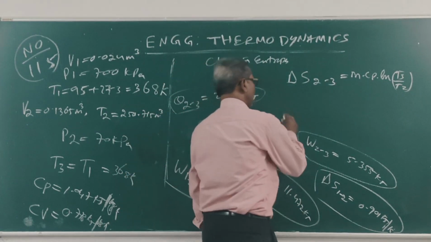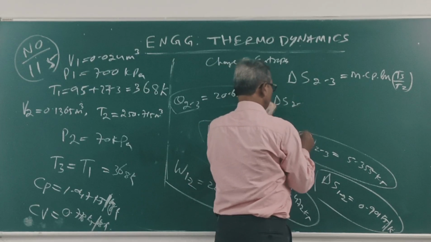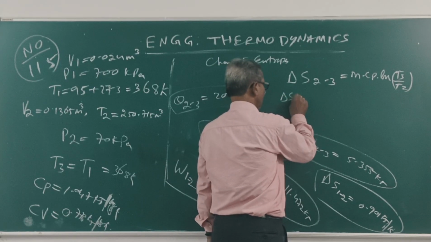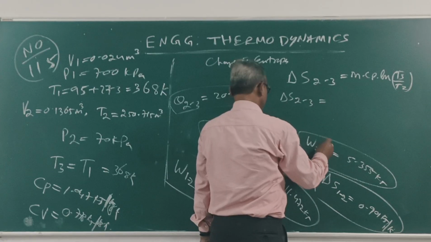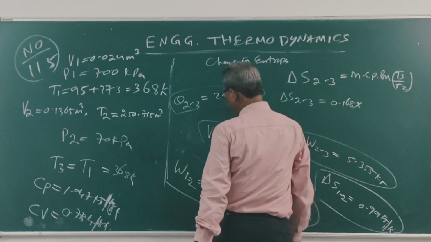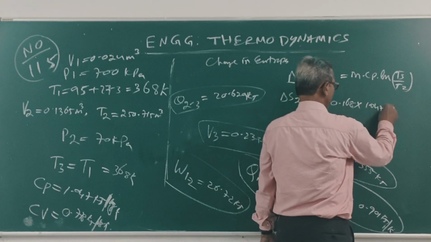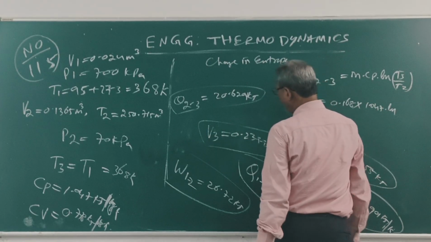What is m? m is 0.168, Cp means 1.047, ln T3 by T2.